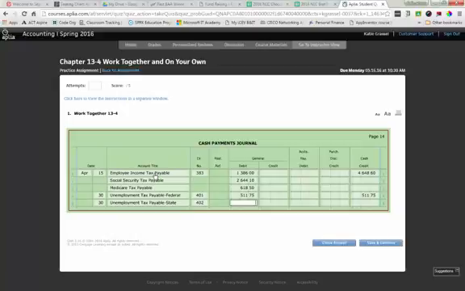And when I look at the paragraph, it does tell me that unemployment tax payable for state is $3,454.34. So you are going to have a general debit and a cash credit.